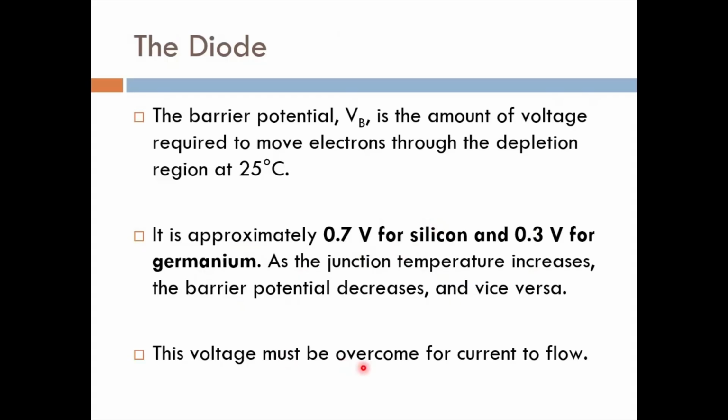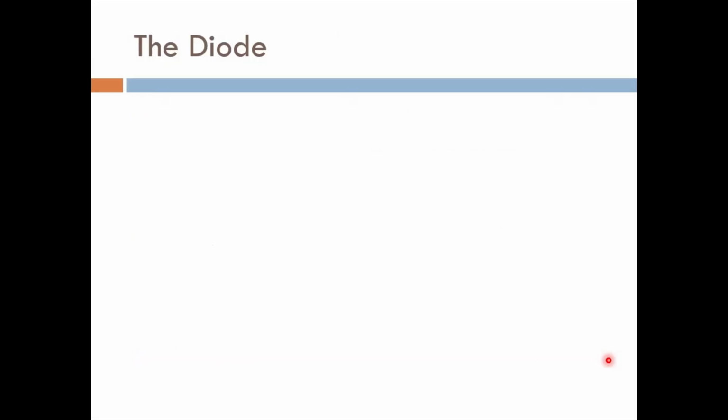And this is the voltage that must be overcome for current to flow. So if we want current to flow through the diode, this barrier potential must be overcome so that current could flow through the diode. We are going to discuss this in more detail.